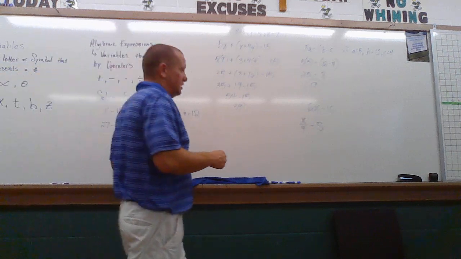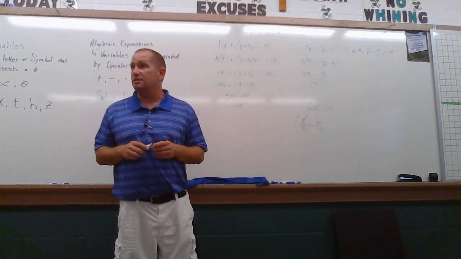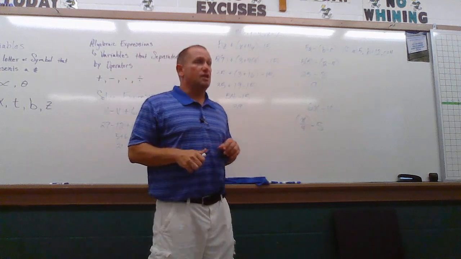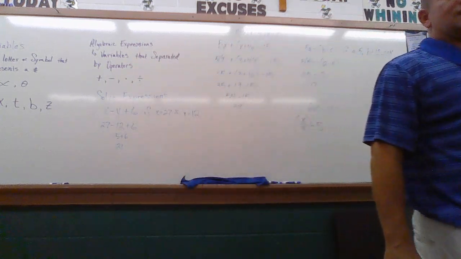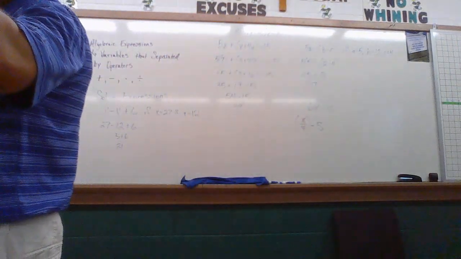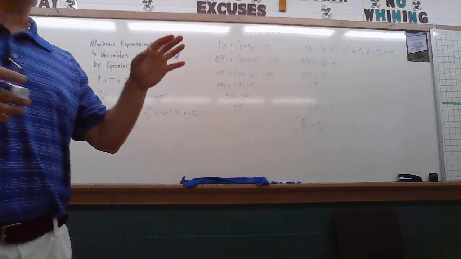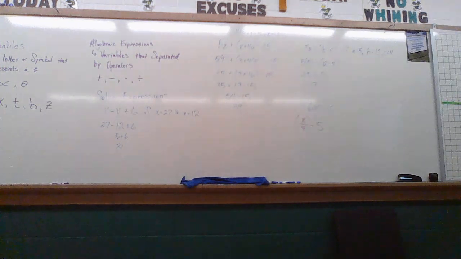Could I? Yeah. If I put this around that, does it change the answer any? No. Okay. So you can always use parentheses, and you can use parentheses even if you're not talking about multiplication, if you're trying to group things together. So just because you see parentheses, don't always jump to multiplication.